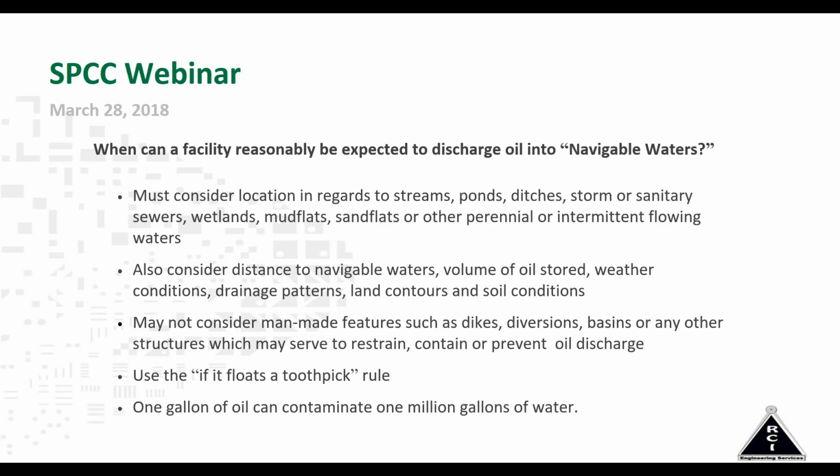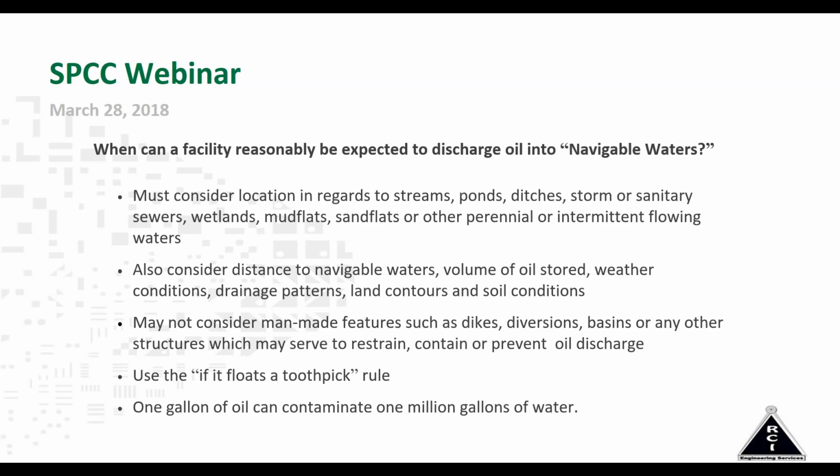To that question, "reasonably discharge into navigable waters," this is kind of a contentious point. When you read through the regulations, these are some of the terms that EPA has.